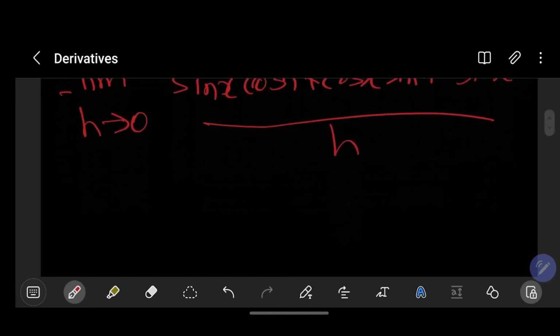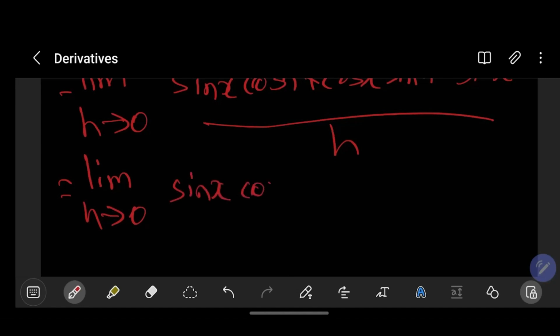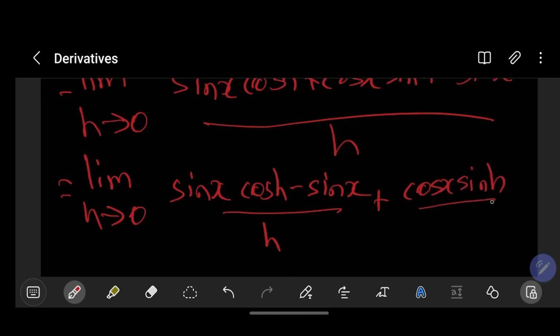Now we can rewrite this as the limit as h approaches 0 of sine of x cos of h minus sine of x all over h plus cos of x sine of h all over h.